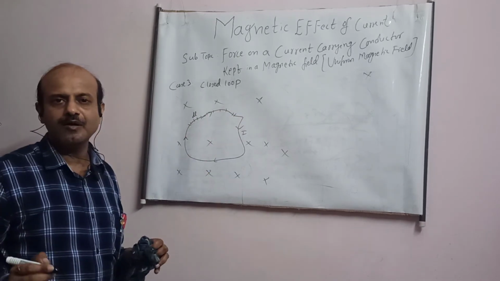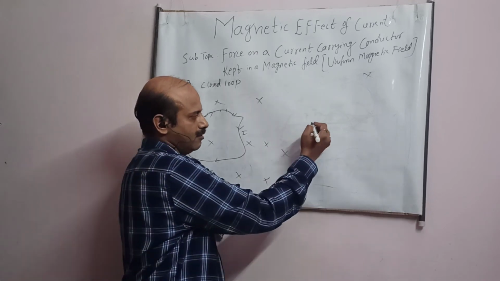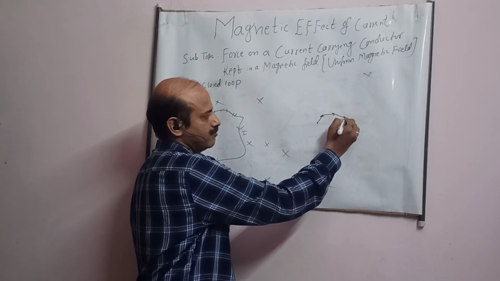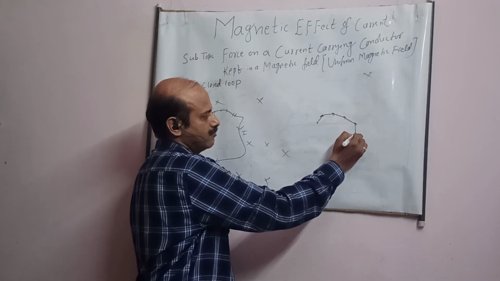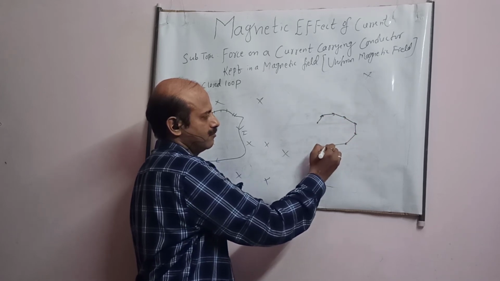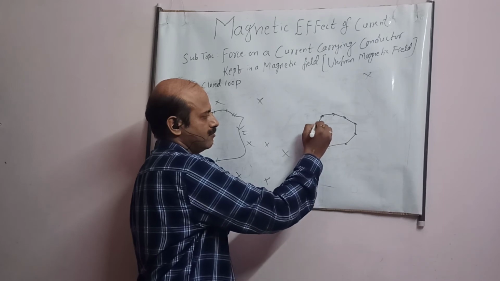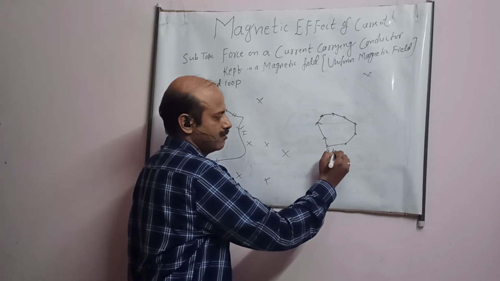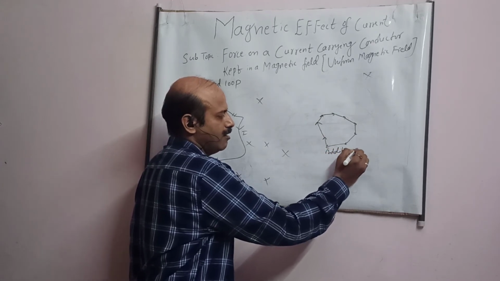And student, again the polygon law of vector addition. See, if a vector starts from here, the vector sum of this will be 0, student.